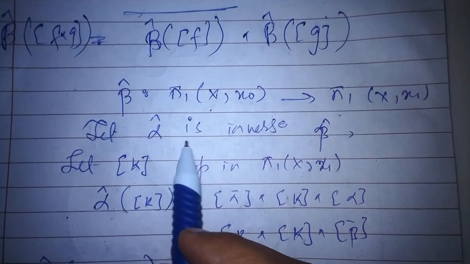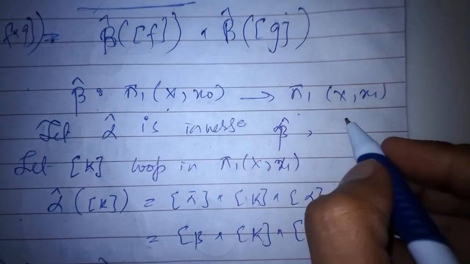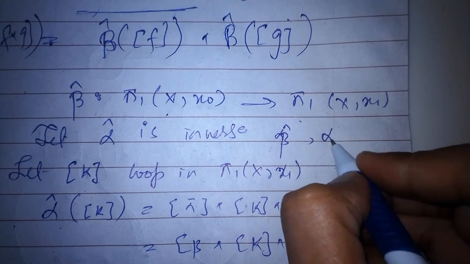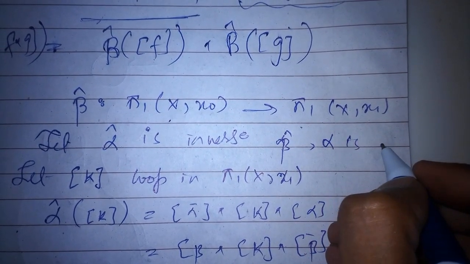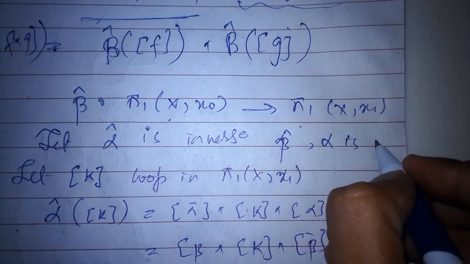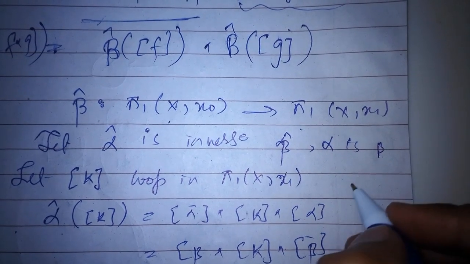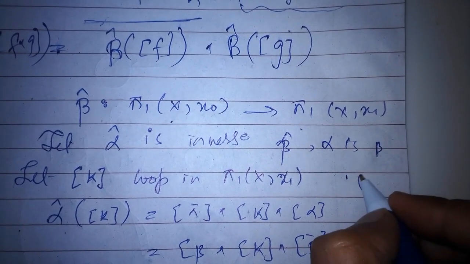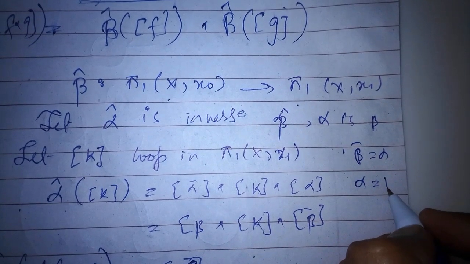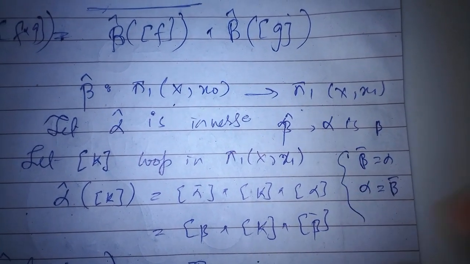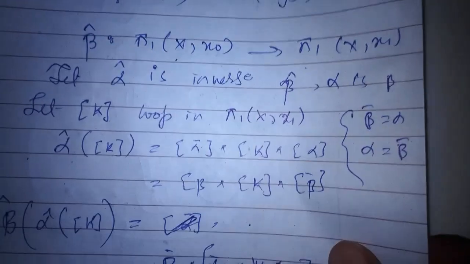If alpha cap is the inverse of beta cap, then alpha is the inverse of beta, means beta bar is equal to alpha and alpha is equal to beta bar. This is the condition. We will use this condition.